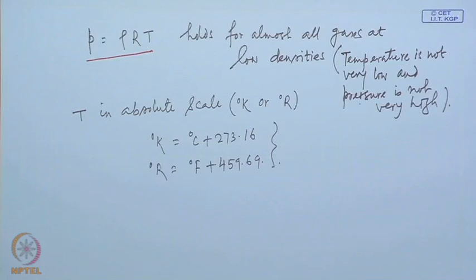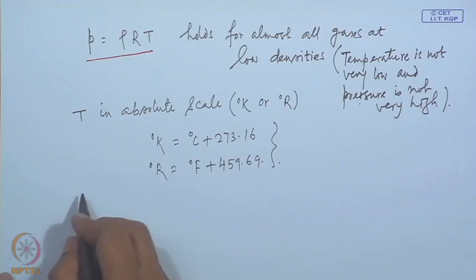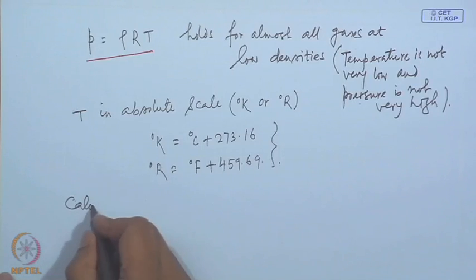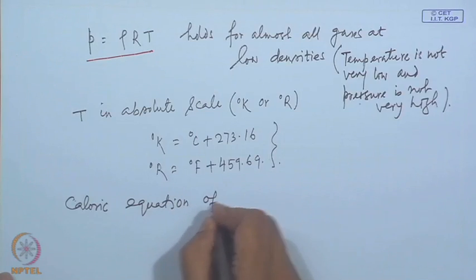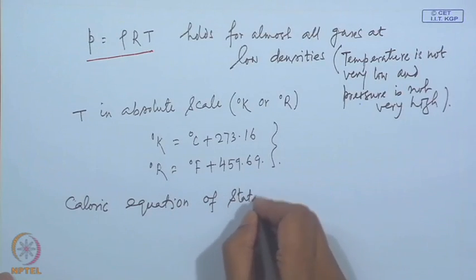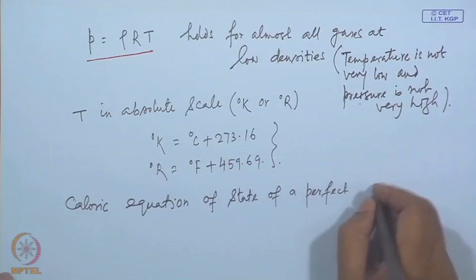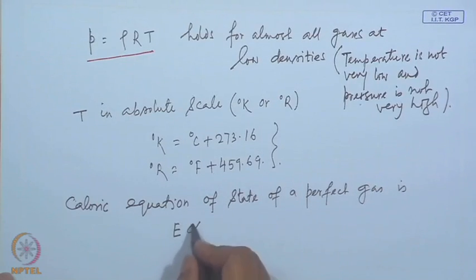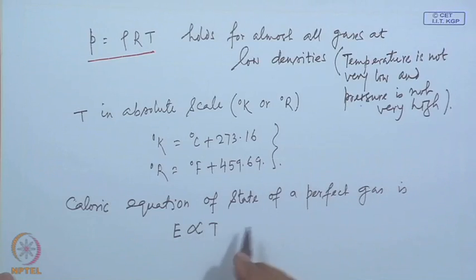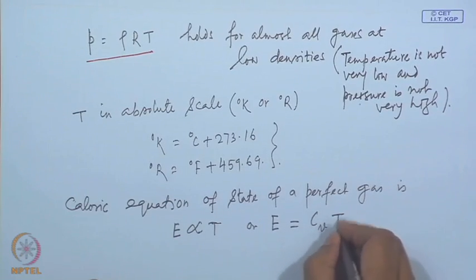Now, the caloric equation of state of a perfect gas is that E is simply a function of T, or we find that E is equal to C_V T.